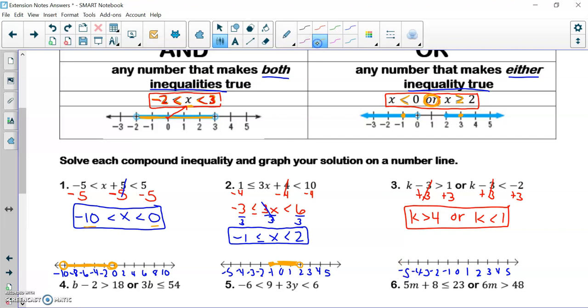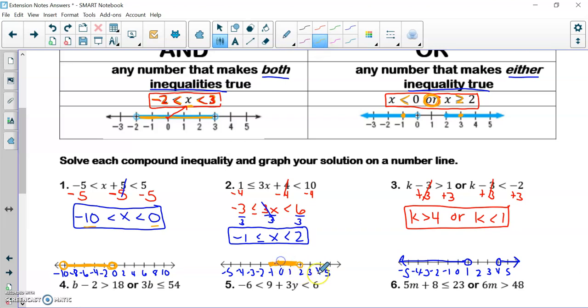I'm going to have an open circle at 4, an open circle at 1, and I want k is less than 1, so I shade this way, and I want k is greater than 4, so I shade this way. So for OR inequalities, your shadings are split, whereas for AND inequalities, your shadings intersect, but you don't shade past the dots.